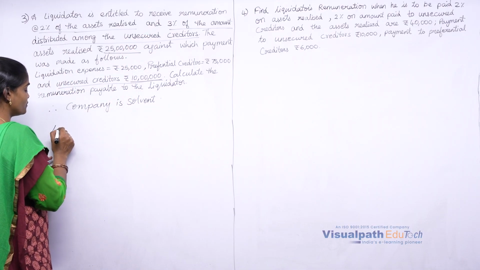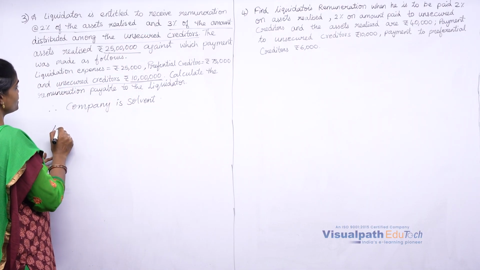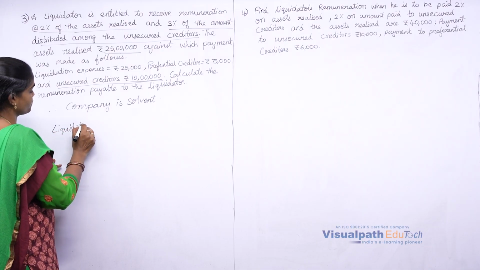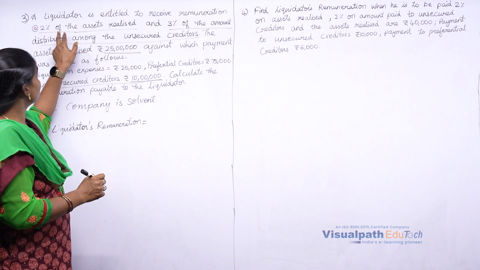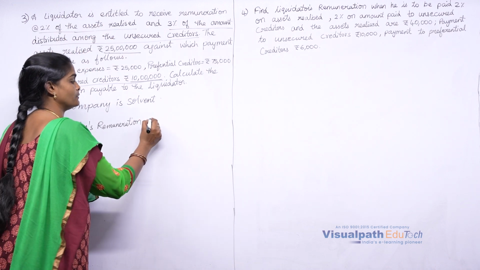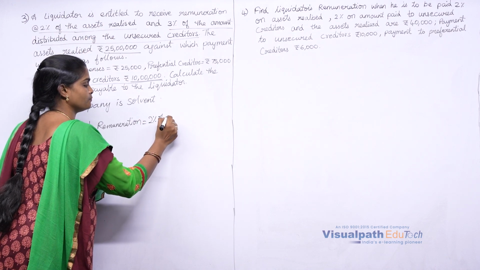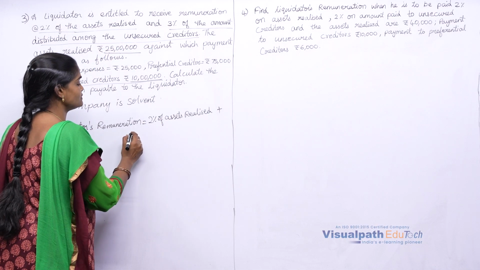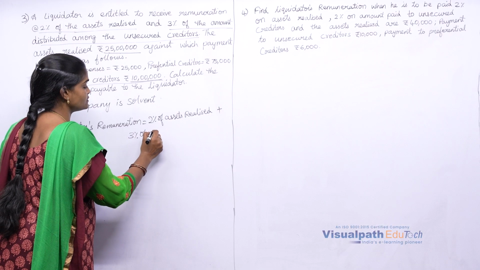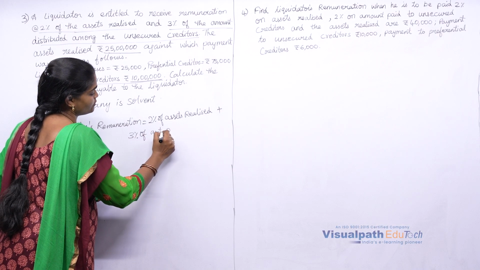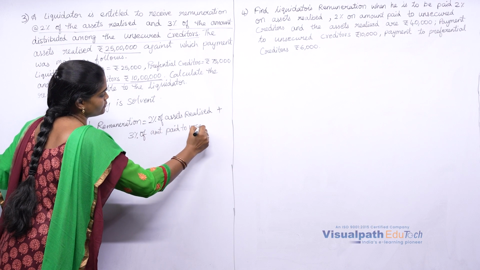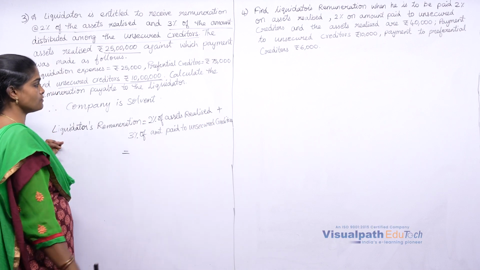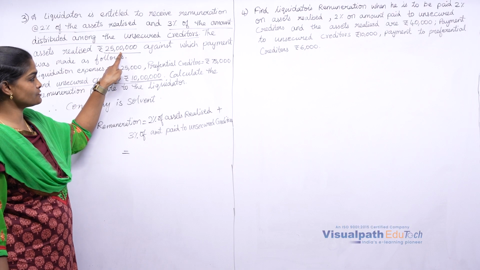So, now as per the question, liquidator's remuneration is equal to 2% of the assets realized plus 3% of amount distributed among unsecured creditors, 3% of amount paid to unsecured creditors. Okay. Now, 2% of asset realized. How much is assets realized? 25 lakhs.